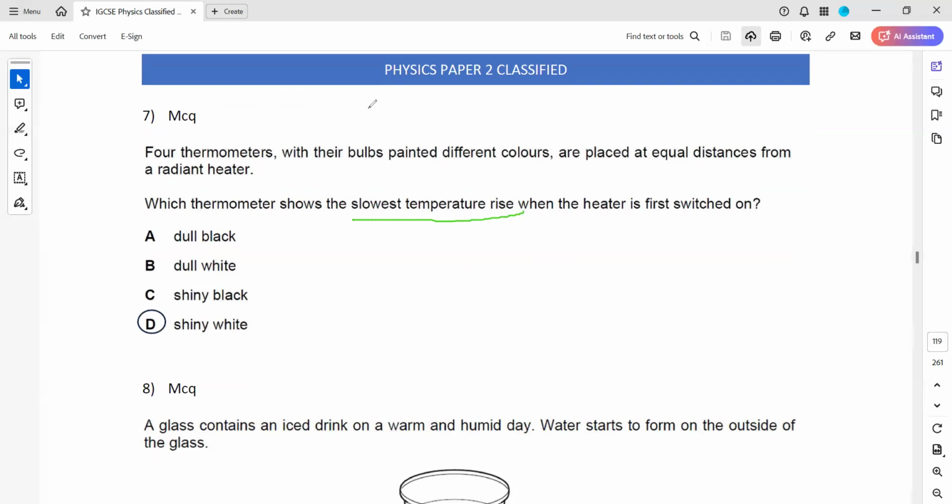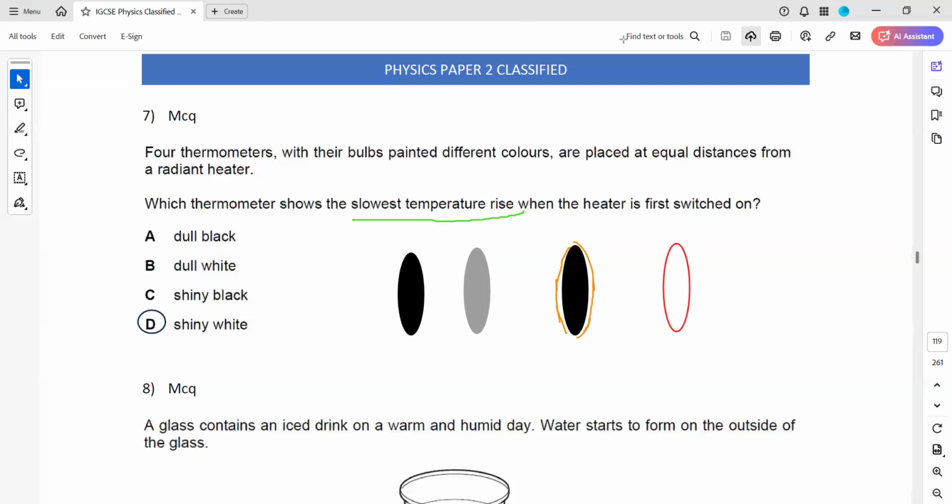One bulb is dull black, one is dull white, another one is shiny black, which will be a good reflector since the surface is shiny, and the other one is shiny white.